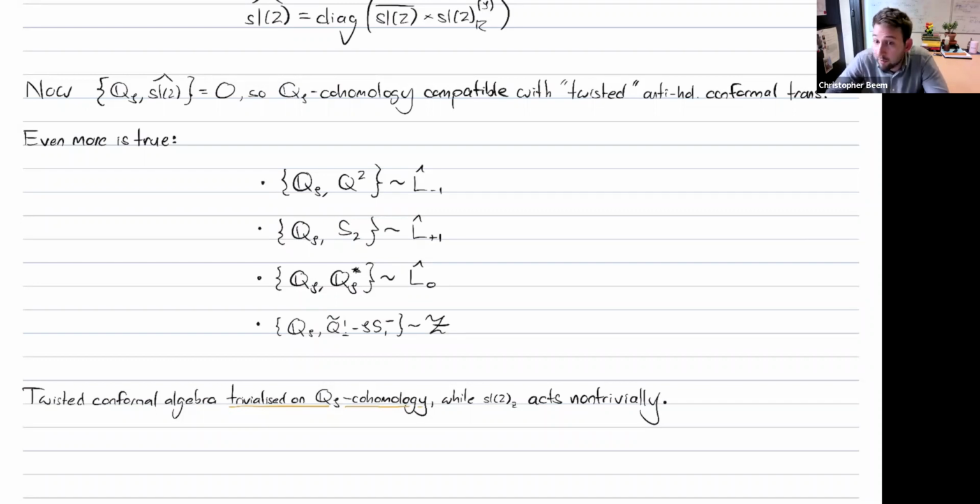In particular, anti-holomorphic translations are trivialized. So I'm going to have an OPE which is meromorphic, in the sense of depending on positions in this Z, Z bar plane only through the Z coordinate. That I can already assert without working out more details.